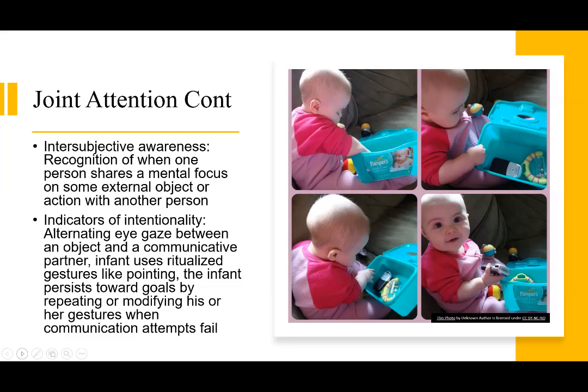In the picture to the right, you can see that the baby's looking in the box and reaching into the box and has taken out the ball in one hand and is still looking in there. And now in the final picture has looked up and alternated their eye gaze between the object and the person who is taking the pictures, which we're going to call the communicative partner.